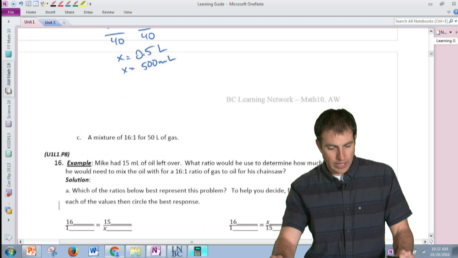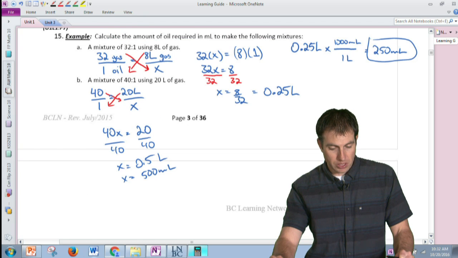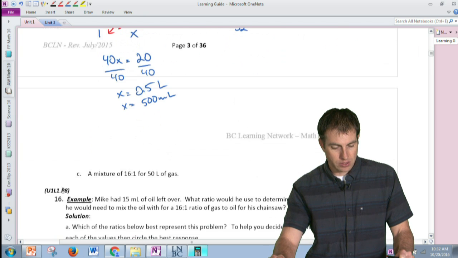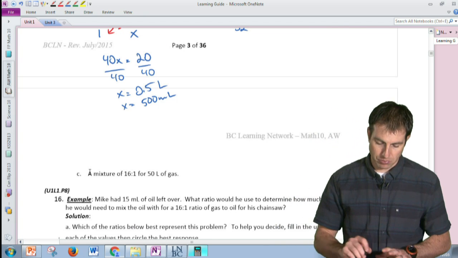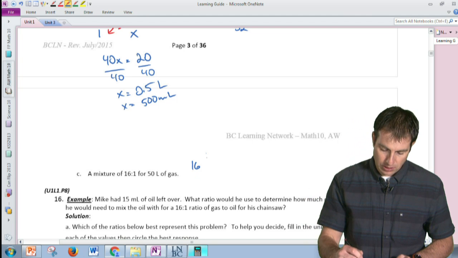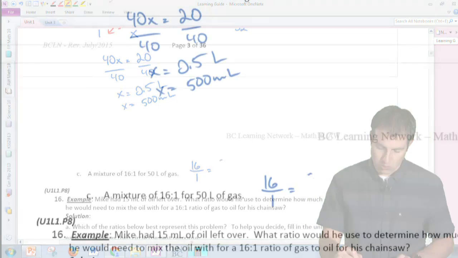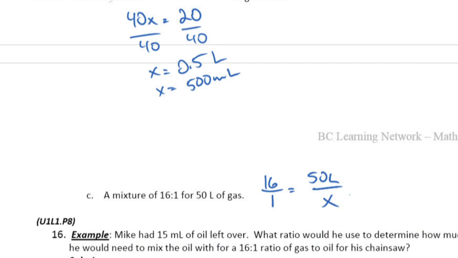So I asked you guys to stop at the bottom of page 3. There is letter C, which is the exact same as the previous ones we did. I'll get it set up for you. You have 16 to 1, and then you have 50 liters over some amount of oil. So you need to solve for x. Cross multiply.